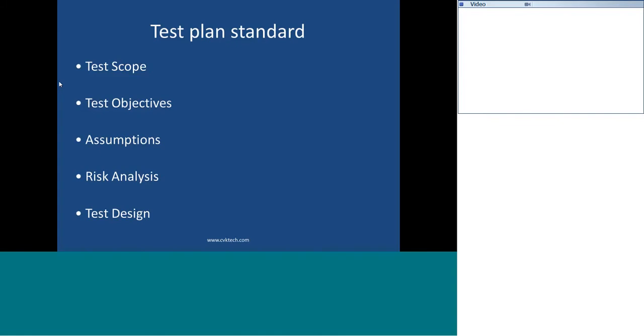So when we are getting the product at a delayed time, we should communicate this to all the stakeholders, saying that we are getting only 1 month of testing time. So we may not cover all the functionalities. However, we may provide 80% coverage so that most of the defects will be taken care of.